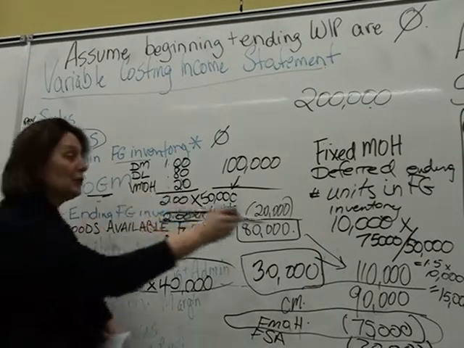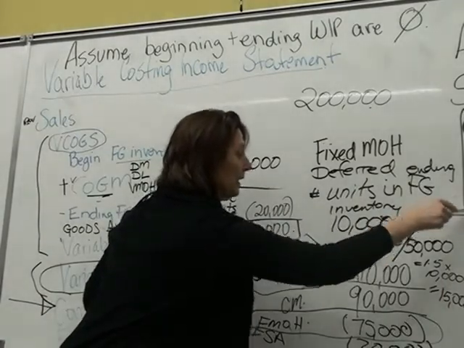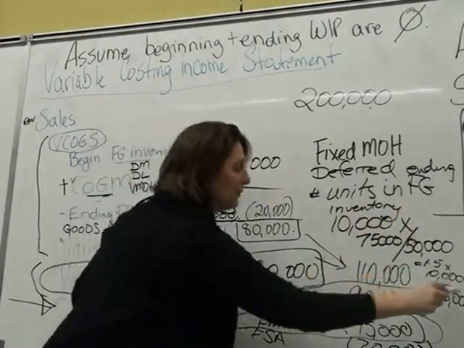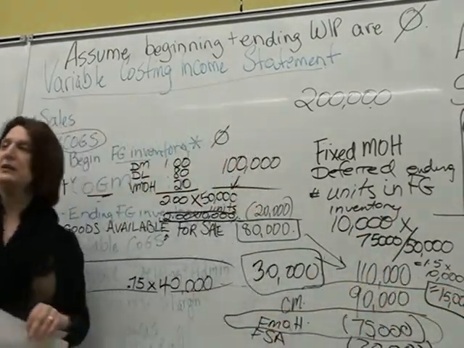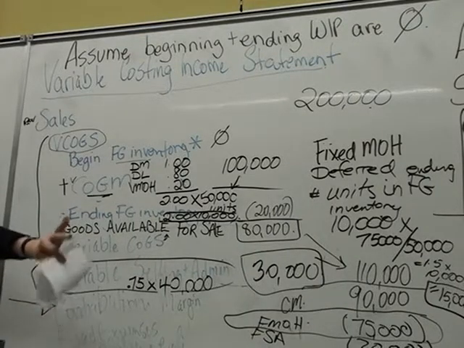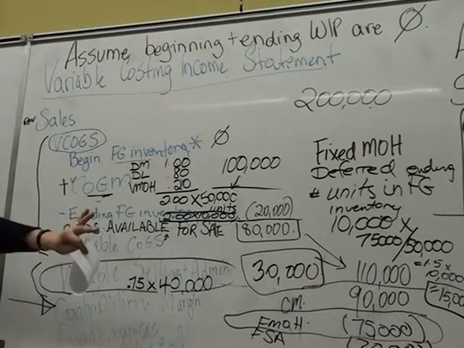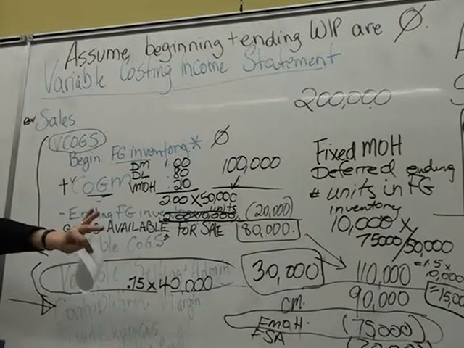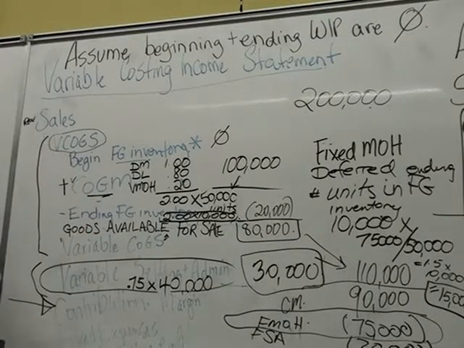Now, because under absorption costing this 15,000 gets deferred in inventory, that means we're not showing it on our income statement. It won't show up until we sell those units, right? So will the operating income under absorption costing be higher or lower?